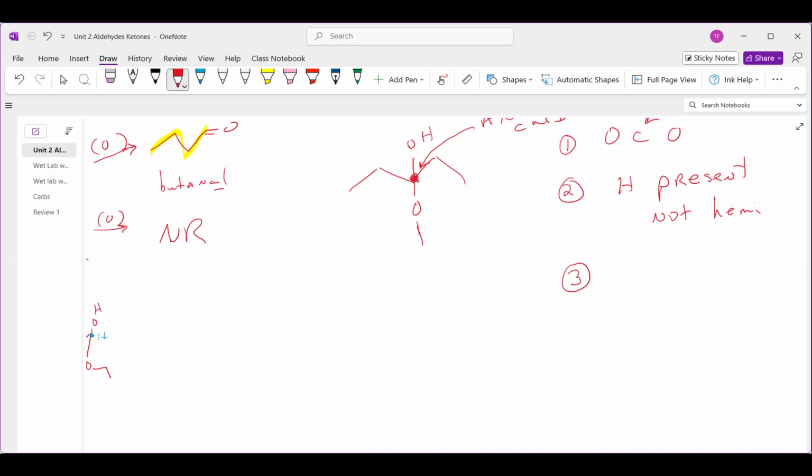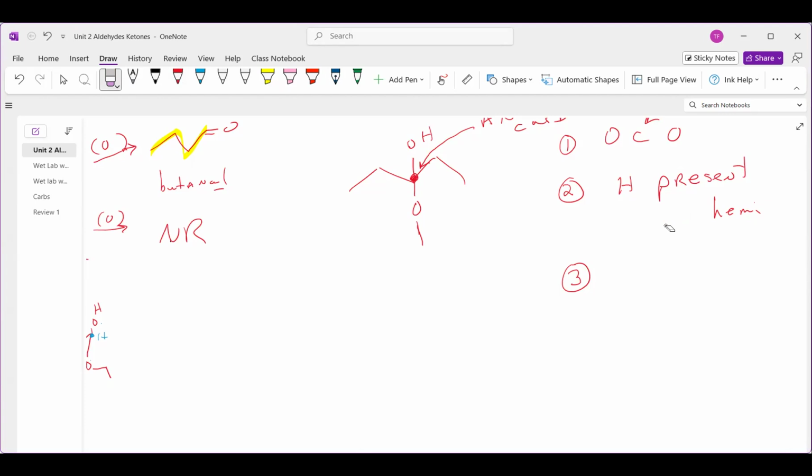Okay, and that's on the anomeric carbon, this one here. Because it's an OH there, it is a hemi something. Okay, the next question is, is it a hemiketal or a hemiacetal?